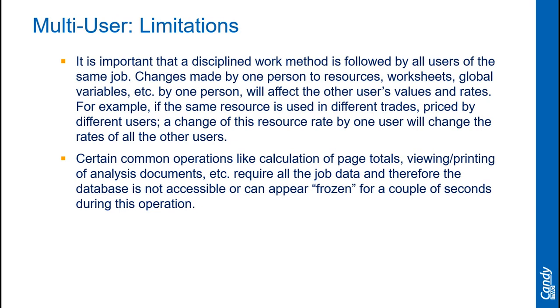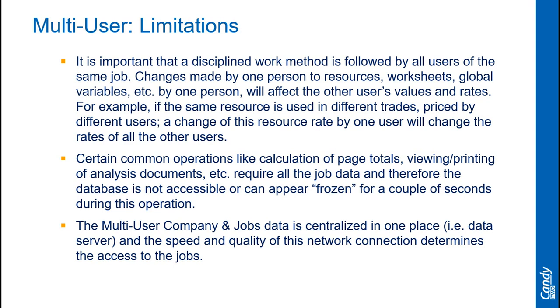So the screen might appear frozen. Why? Because obviously you've got more than one user working on that same file at the same time. So for us to calculate or to analyze the entire job, we have to make sure that all the worksheets are calculated, all the calculations are up to date, so that you get the right answer. So you might see the response time go down.